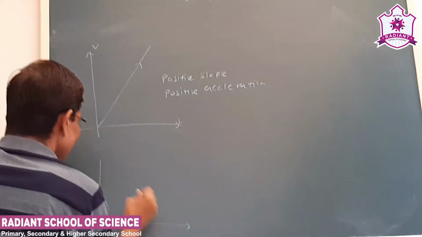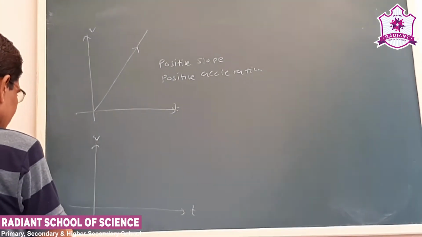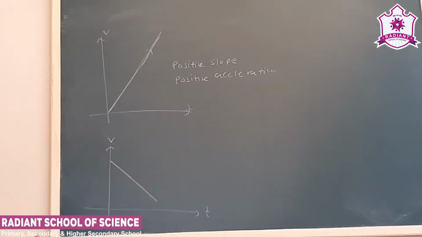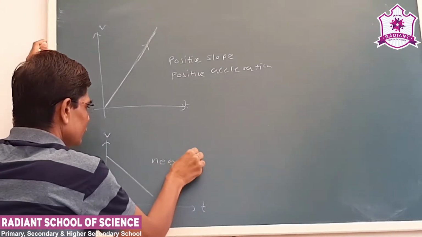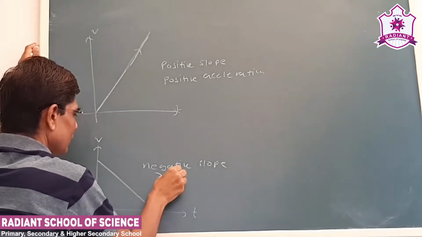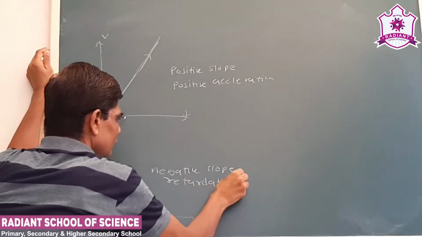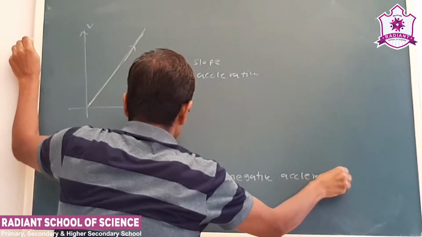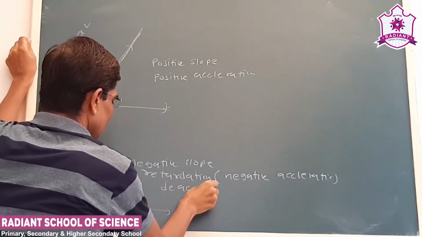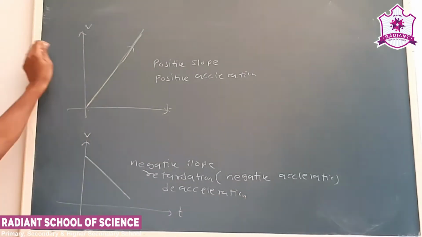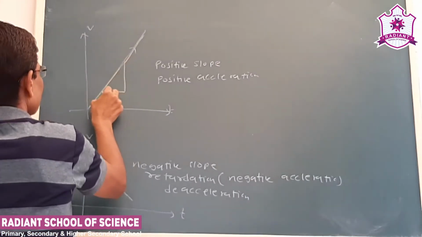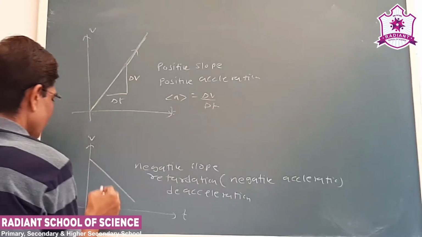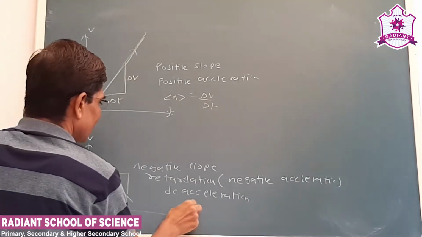But if with increase in time the velocity decreases, then there is a negative slope, and it is called retardation, negative acceleration, or sometimes deceleration. Here the slope will be positive, but here the slope will be negative.